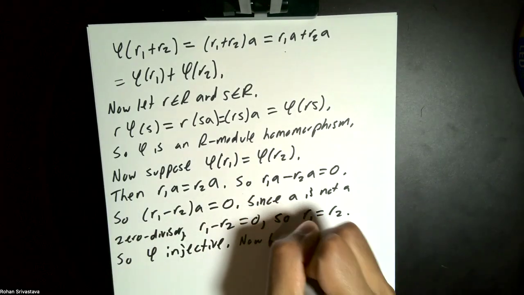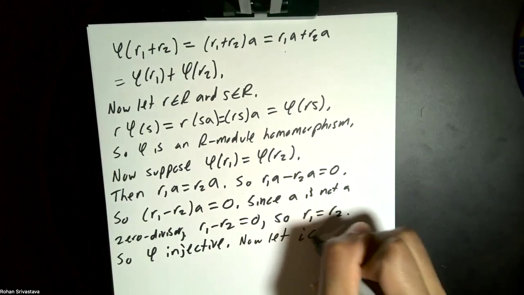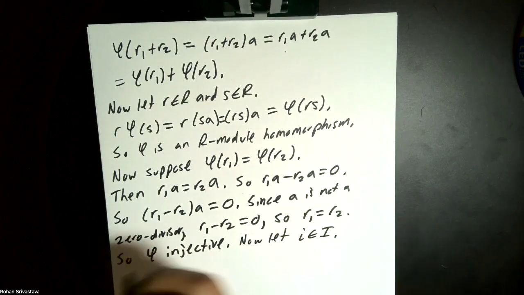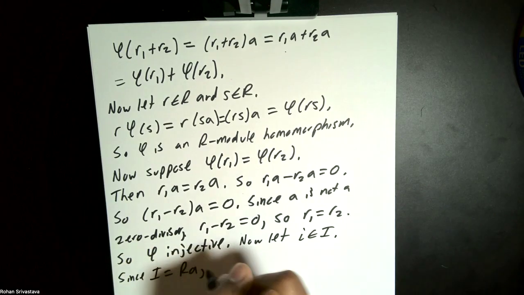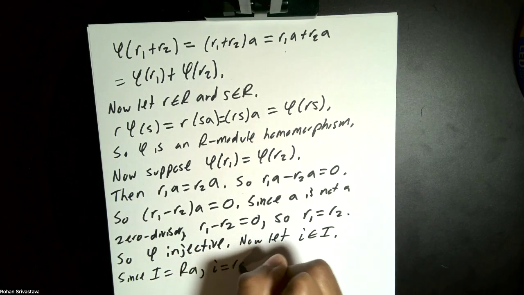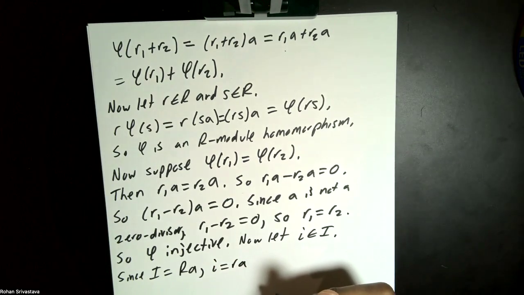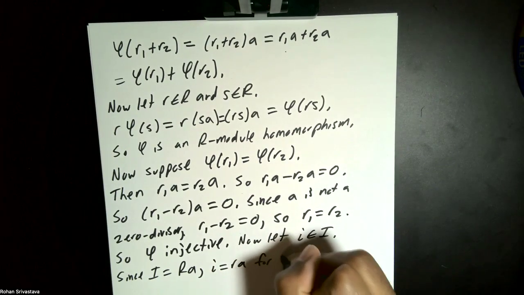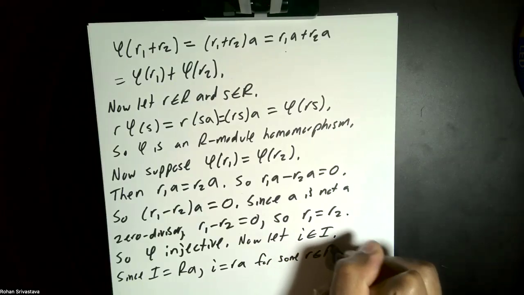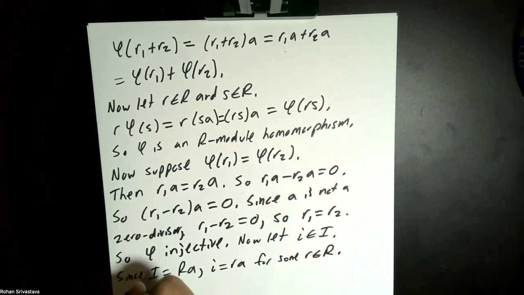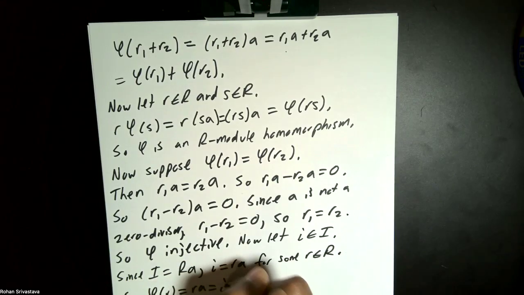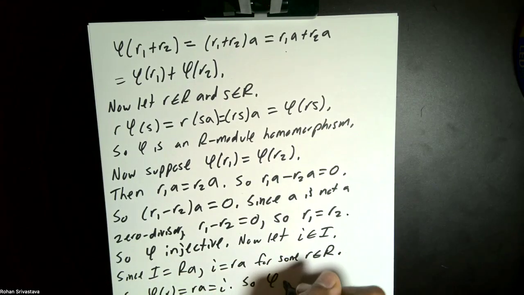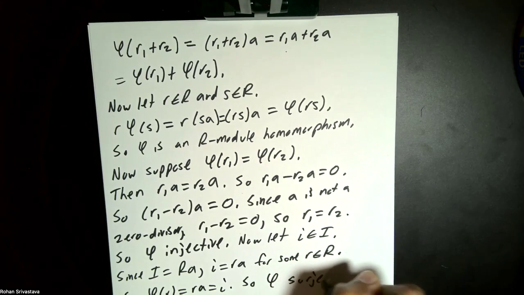Now, to show surjective, let little i be in I. Since I is equal to RA, little i is equal to little r times A for some r in R. So phi of r is equal to rA, which is equal to i. So phi is surjective.